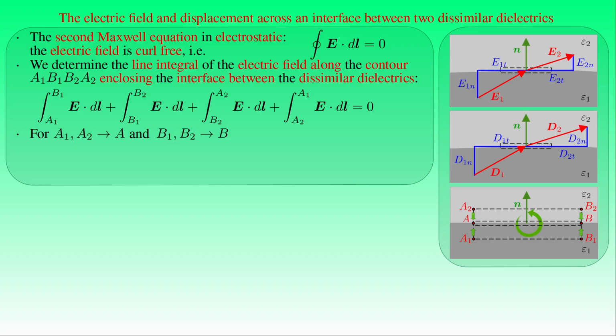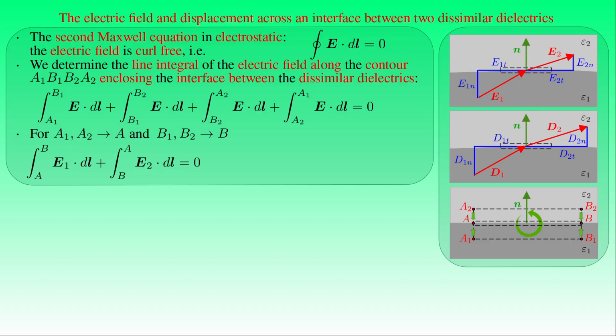Similarly, the straight section between the points B1 and B2 along which the field strength E is integrated also shrinks to a point. Because the electric field E is assumed to be a finite physical quantity, the limits of the second and the fourth line integrals of the field strength along the sections of 0 length are also equal to 0. Then we only need to evaluate the first and the third line integrals on both sides of the boundary interface in this limit, which gives the following equation.